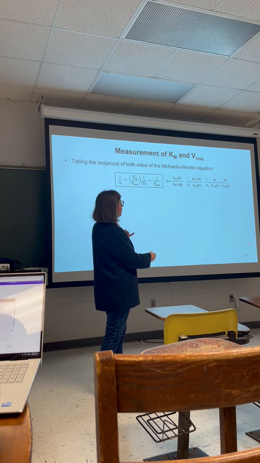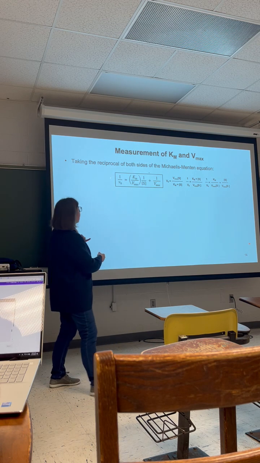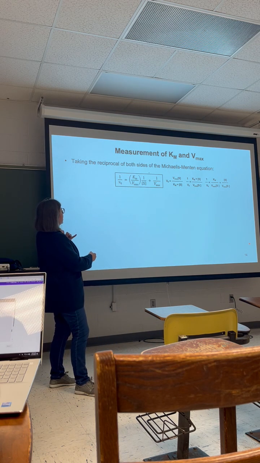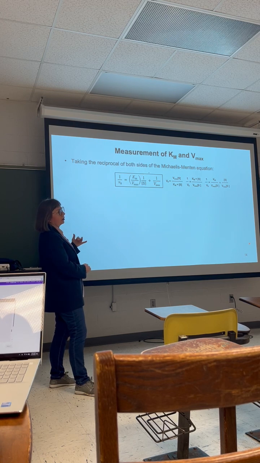Again, you can simplify S. So you would have the final equation: 1 over V0 equals Km over Vmax times 1 over S plus 1 over Vmax. And you may say, yeah, I hate it even more than I hated the original one.